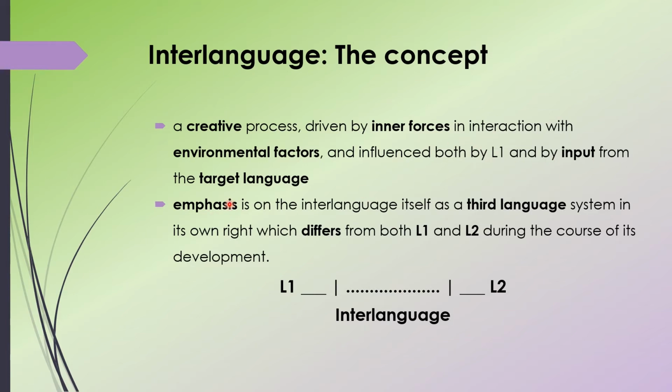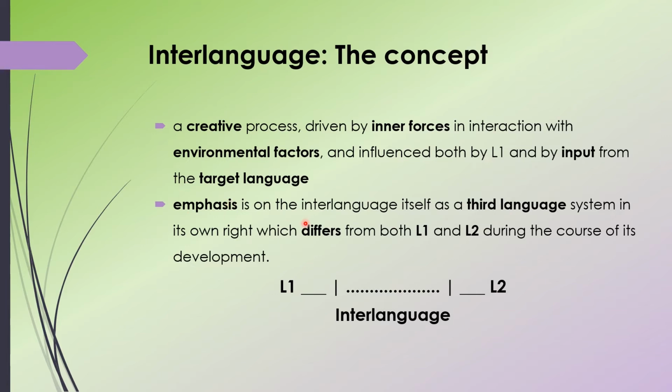So it depends on how much input you are getting from the target language, and of course it will make a distinction, it will compare with your first language as well, and all these things will influence whenever you are developing your interlanguage.